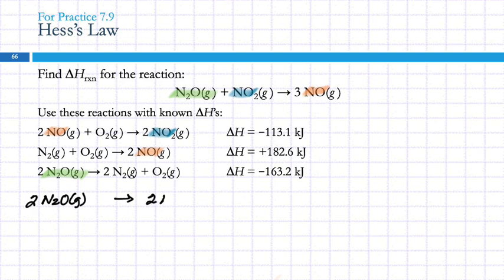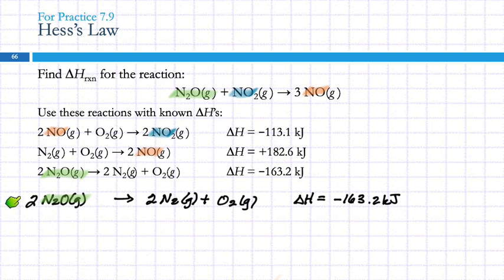I'm going to give myself a little bit of room. That's that green one. And then I'm going to write down delta H for it. Have I done anything to the equation? No, I'm just writing it down. So delta H is not going to change.